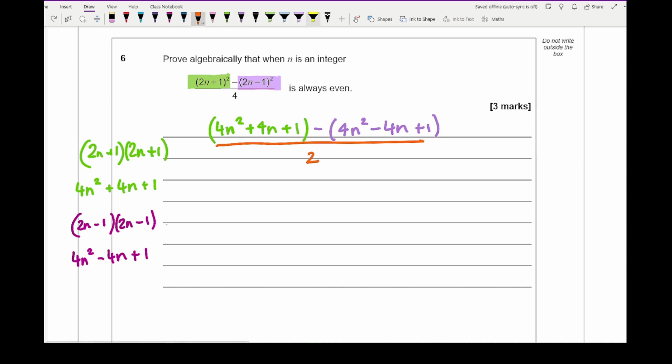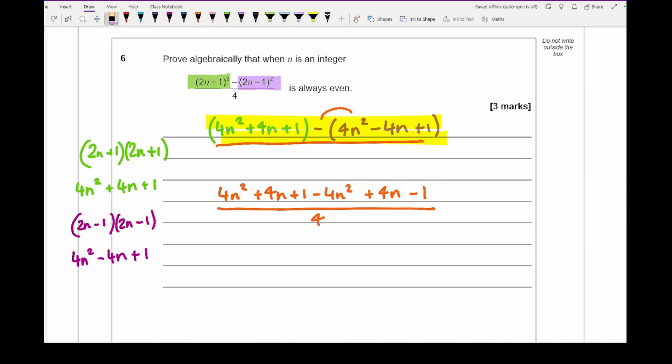So now if I look at this numerator here, I end up with 4n squared plus 4n plus 1. Now you've got to be careful with the minus, so that becomes minus 4n squared plus 4n minus 1, and that's all divided by 4. I don't know why I wrote 2 there, so let me just quickly correct that. And then what I've got to do is just cancel things down.